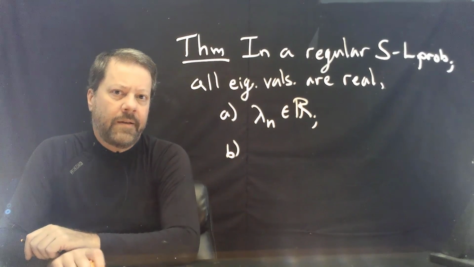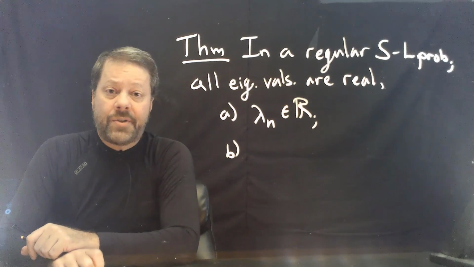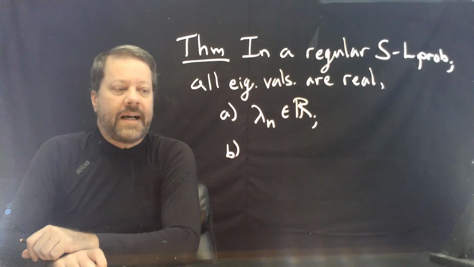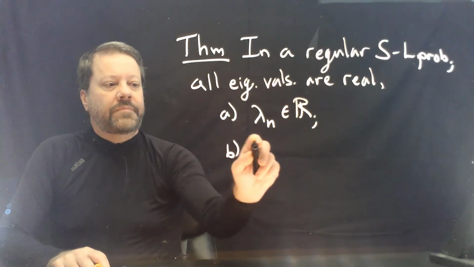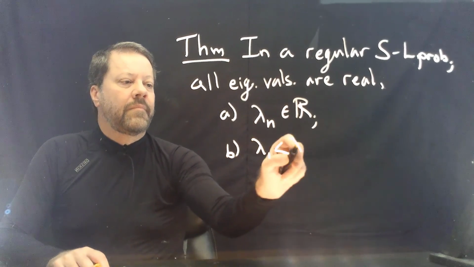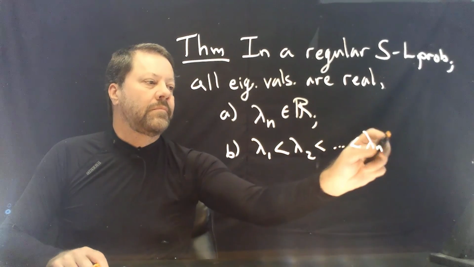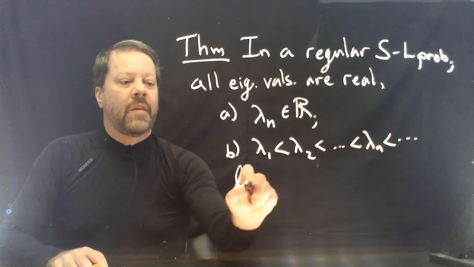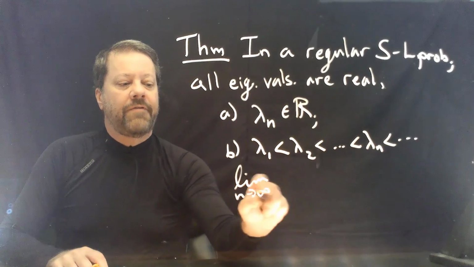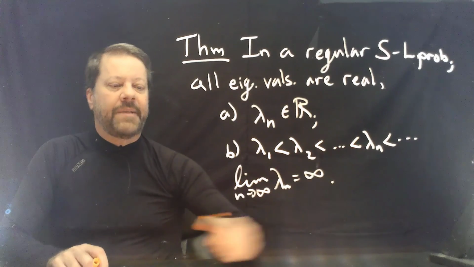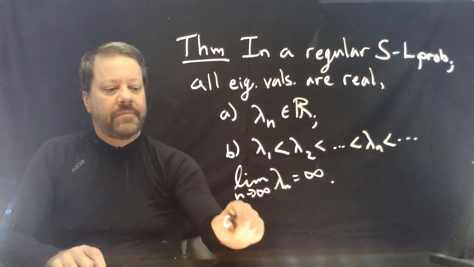Also, the eigenvalues will be discrete in the sense that there are no points of accumulation for these eigenvalues on the real line. The limit as n goes to infinity of these will be infinity, so they'll have to be spread out.